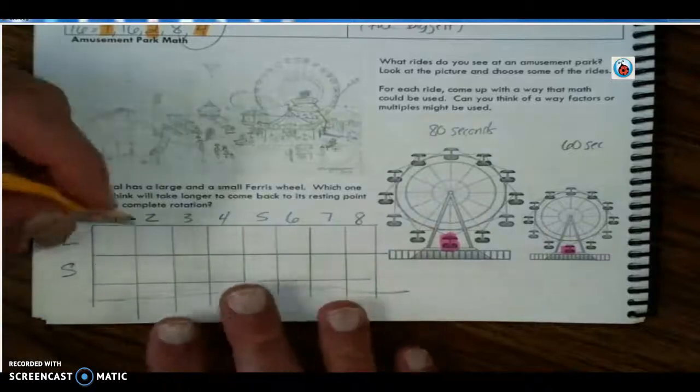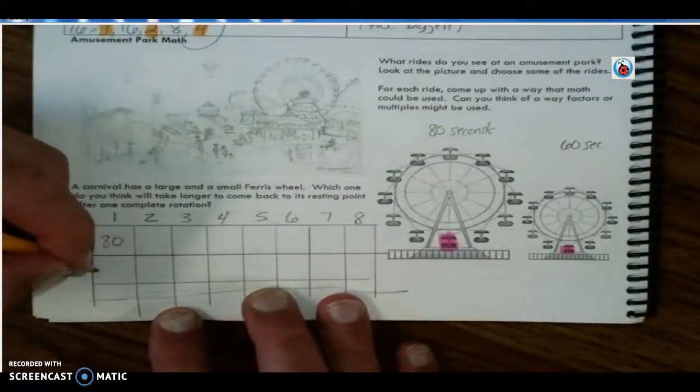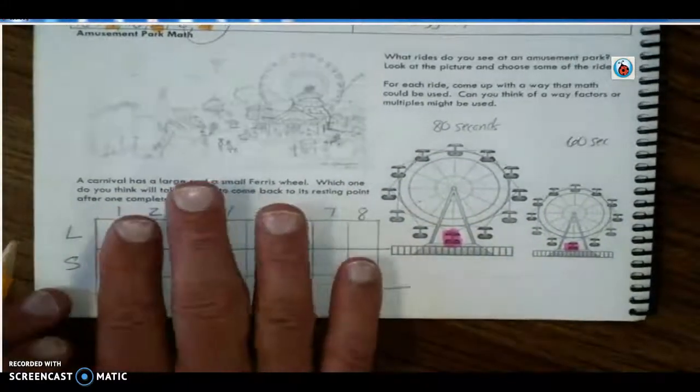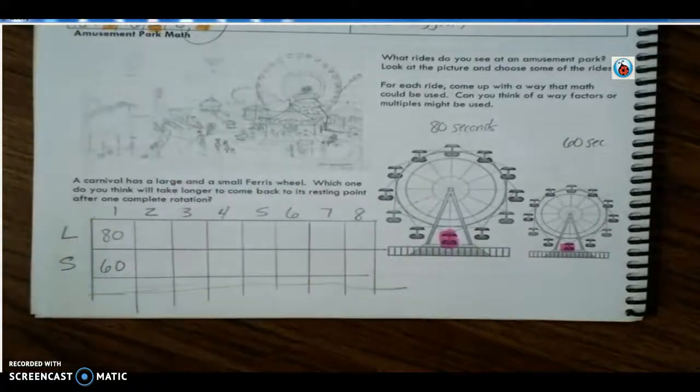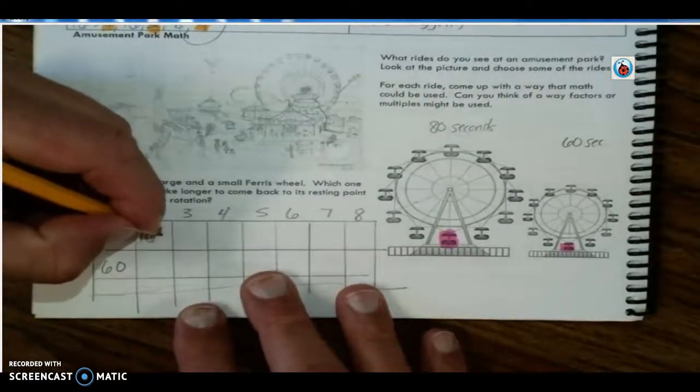Okay, welcome back. So the large one goes around at 80, and the small one goes around at 60. And I'm just going to basically get rid of the 0. I'm thinking about this as the number 8. So I'm going to write out multiples of 8. I'm going to skip count by 80s.